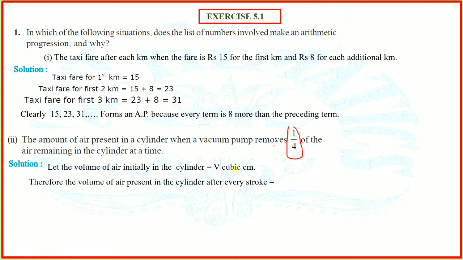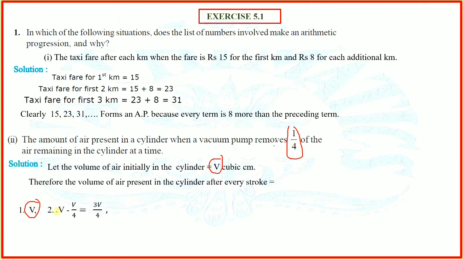So in the beginning the remaining air is V, and the stroke will remove V by 4. In the first case it will be volume V only because that is present.